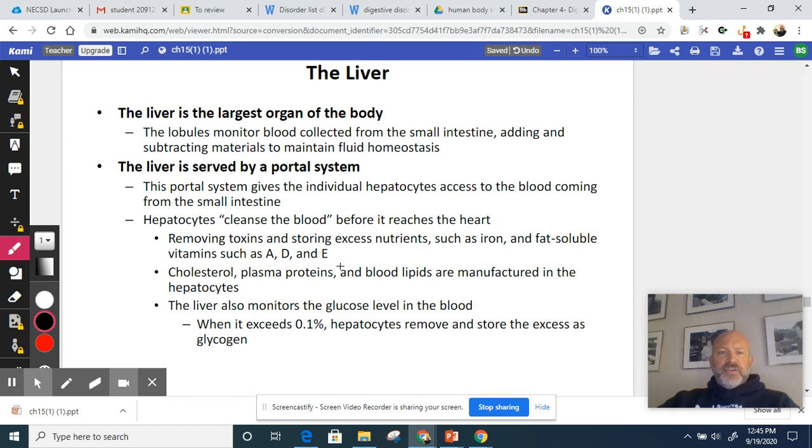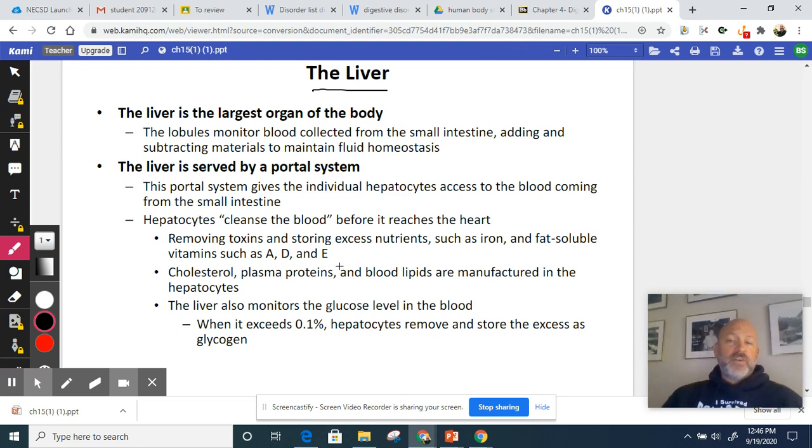The largest internal organ of the body is the liver. Now, as the chyme leaves the stomach and goes into the small intestines, the jejunum area of the small intestines is absorbing all of those nutrients. So now we have a lot of blood in the small intestines, and this blood is receiving all these nutrients.